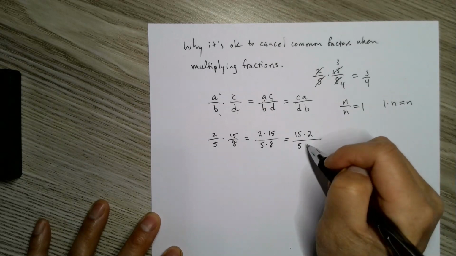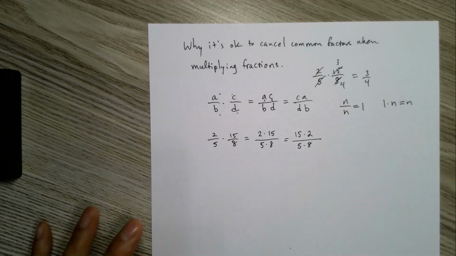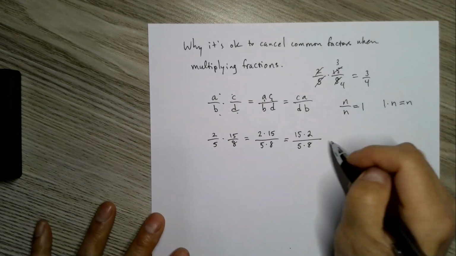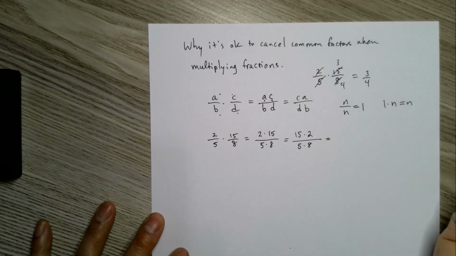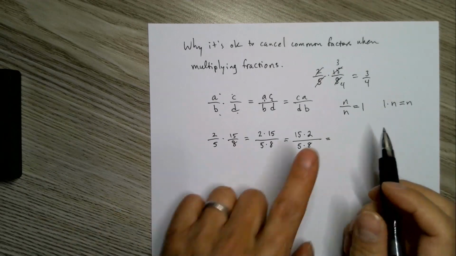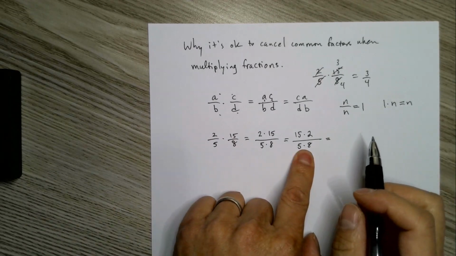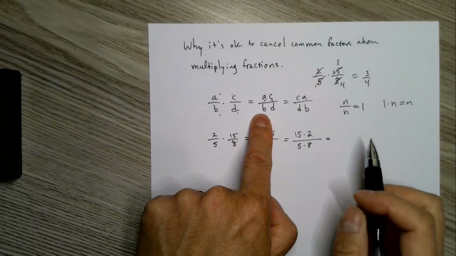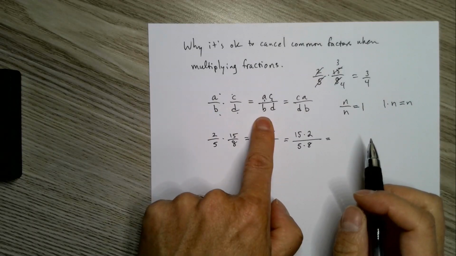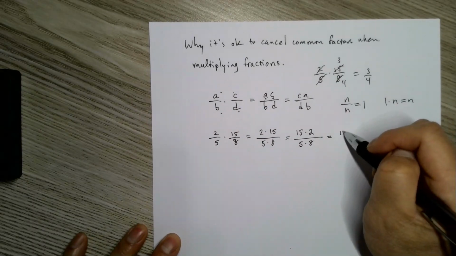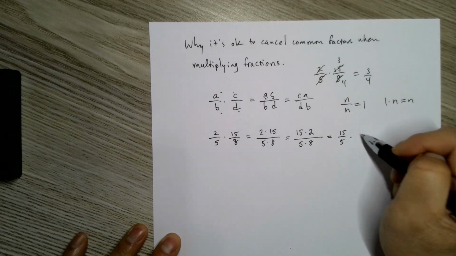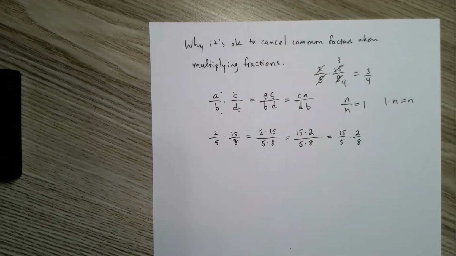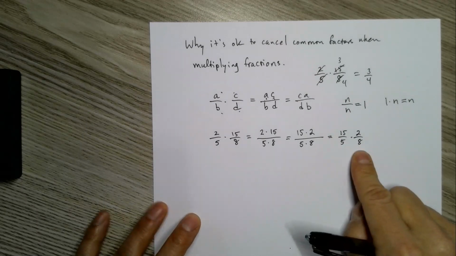And I can just leave 5 times 8 the way it is. You'll see why I didn't move the 5 and the 8 in a second. Now that I have this, I can use the same equivalence that I had up here to rewrite this as 15/5 times 2/8. And now I can work on each fraction separately.